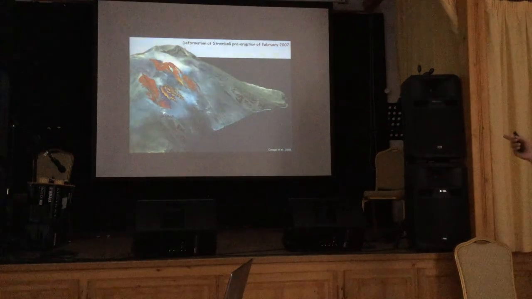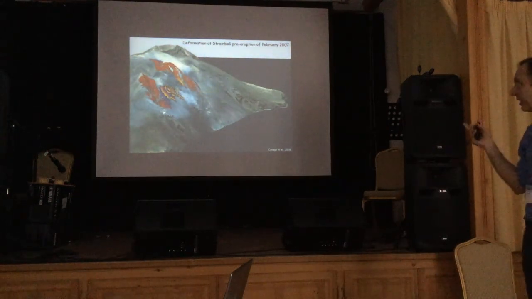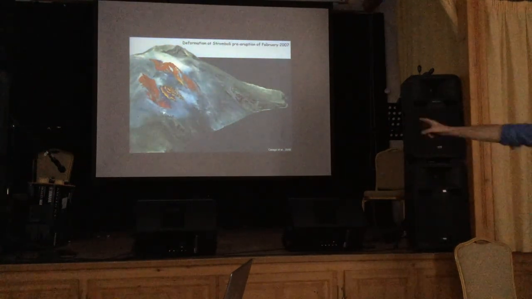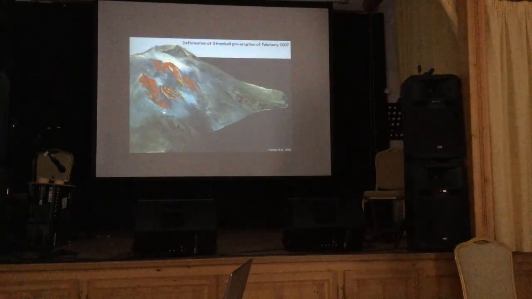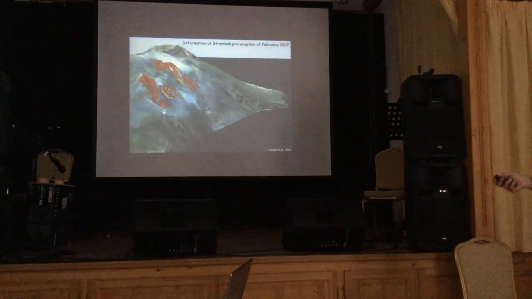This is an interferometric radar that we placed on Stromboli, where there is a white triangle in the lower left part. So this is a land-based radar, but usually the radar is used on satellites.